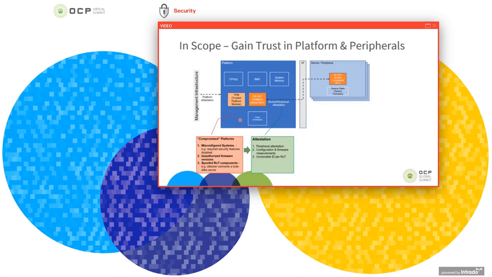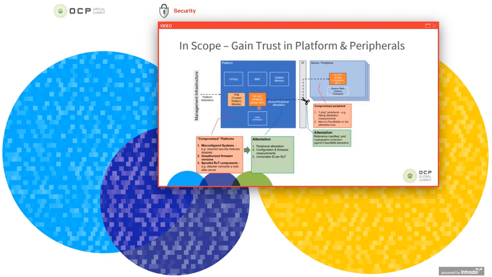And also it uses the fact that the PA ROT, or basically any ROT, has to have an unclonable identity per each device. And then you can use this identity to verify that you are booting systems that are really part of your inventory. So that's really where the attestation spec comes along and the type of threats it mitigates.